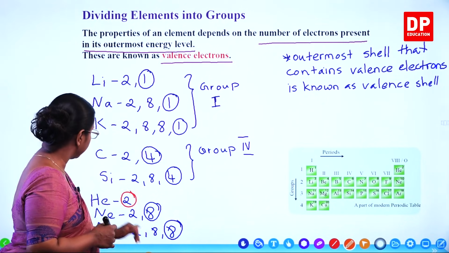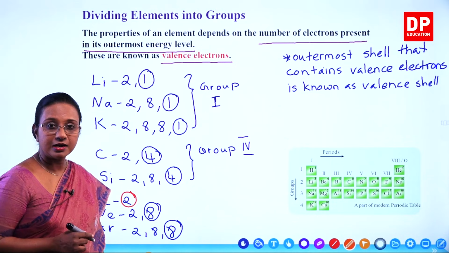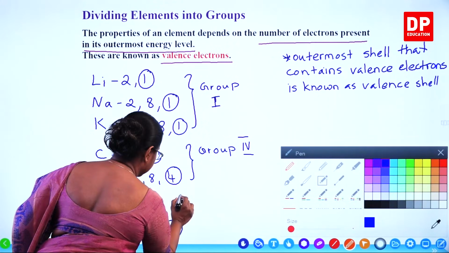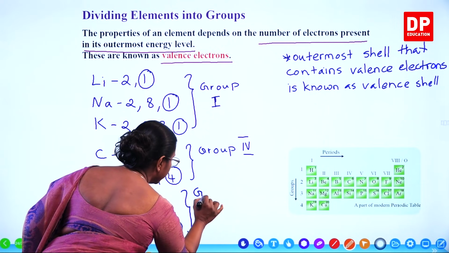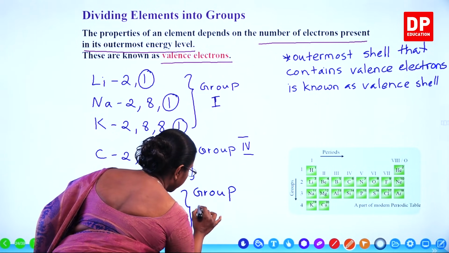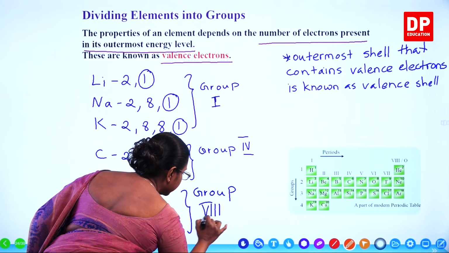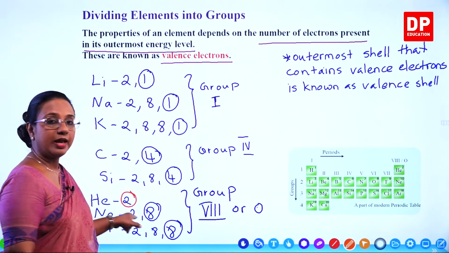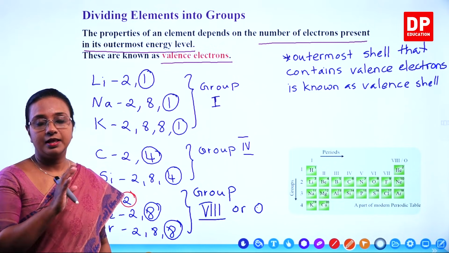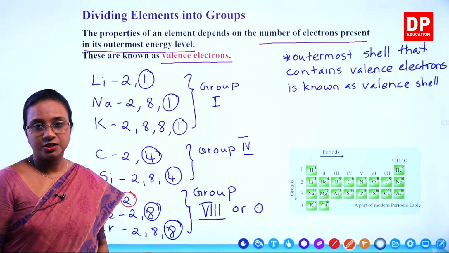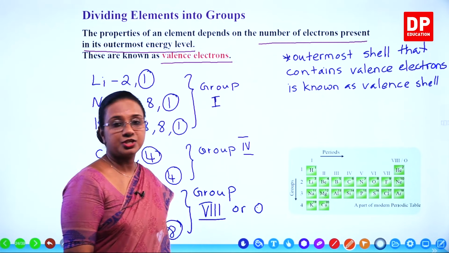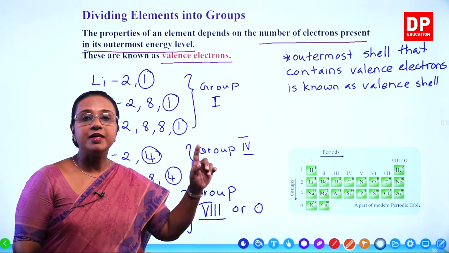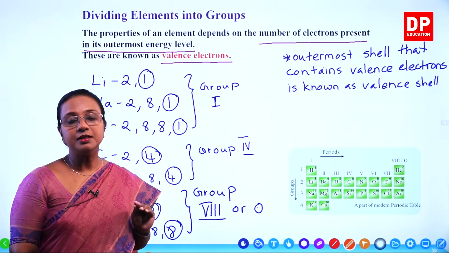Therefore, these three, helium, neon and argon, all belong to group 8 or group 0. So, this is the relationship between electronic configuration and the group to which an element belongs.